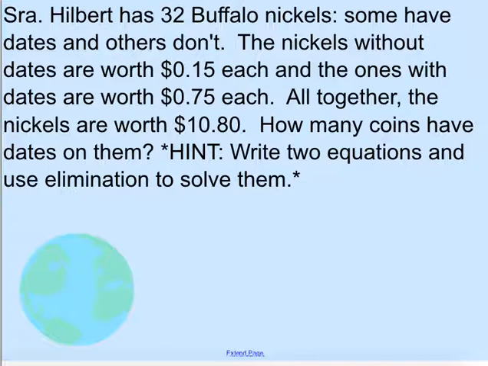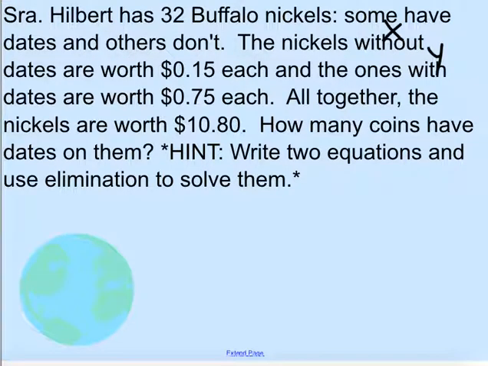So we're going to need to write two equations. One describes just the number of buffalo nickels, and the other describes the amount of money from each of them. So we'll set these up and I'll let you work them out. First, let's define the ones without dates as x, and the ones with dates as y.